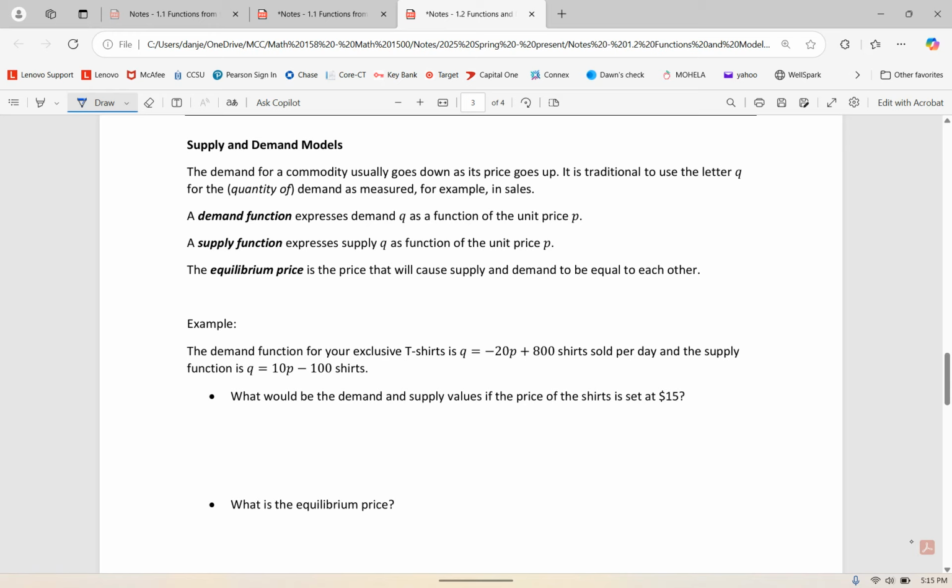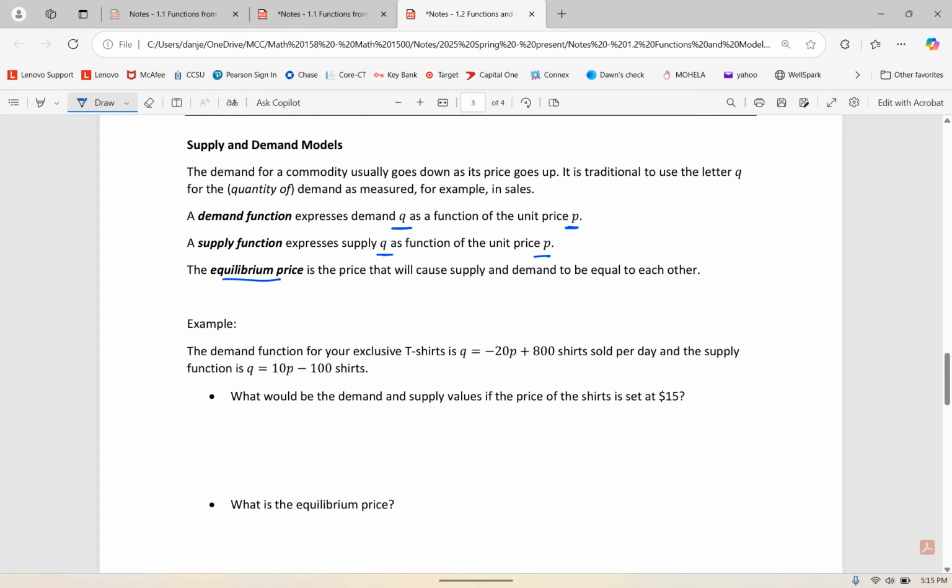The demand for a commodity usually goes down as the price goes up. The demand increases when the price goes down. A demand function will give the demand Q, where Q is quantity and P is price. For the supply function, the quantity I have in supply is a function of price. Equilibrium price is where the supply and demand functions are equal to each other.